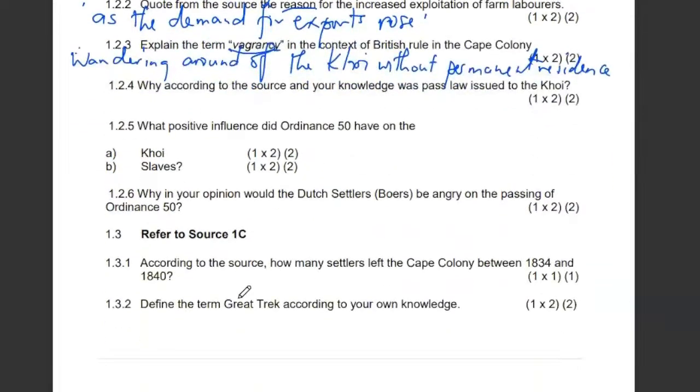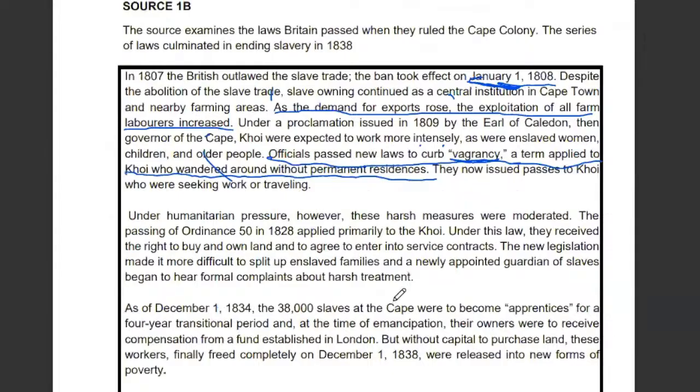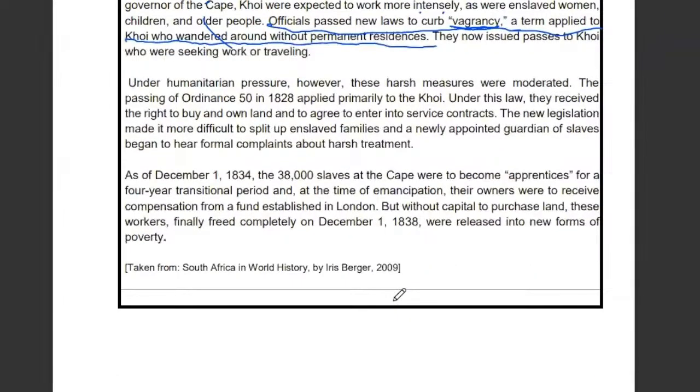Right. What positive influence did Ordinance 50 have on the Khoi and on the slaves? We want to look at the positive influence that was brought by Ordinance 50. If we check Ordinance 50, it was a regulation which was put in place. Let's check here. We are reading paragraph number 2.